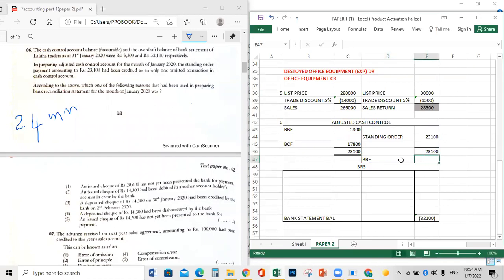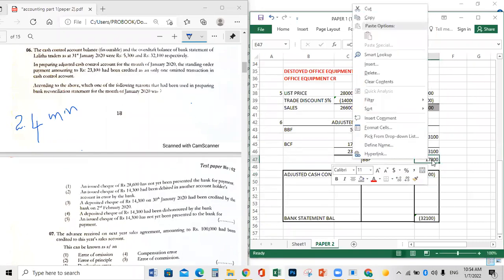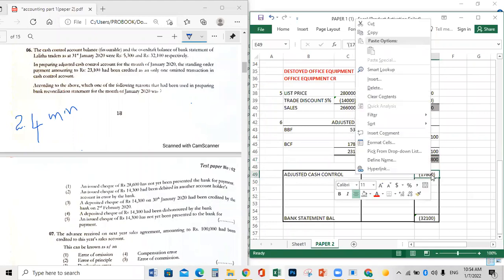The bank statement balance gives you 32,100 negative. But the adjusted cash control account balance gives you only 17,800 negative. Overdraft, guys, negative. How do I get that? From here, I took it here.